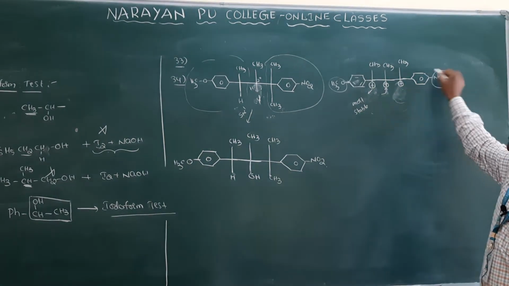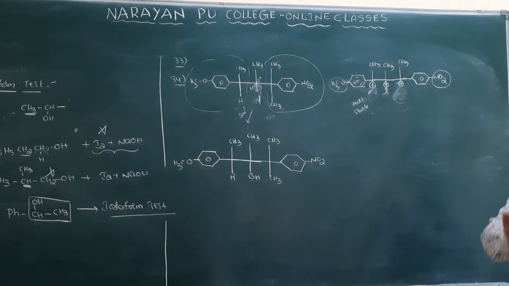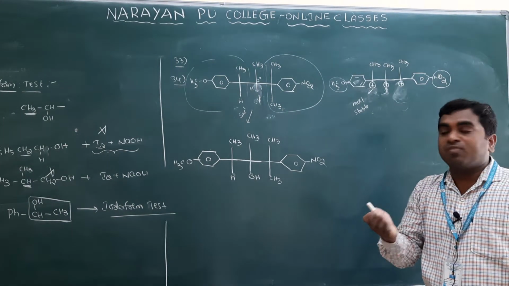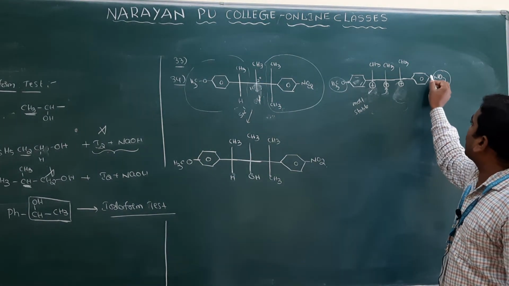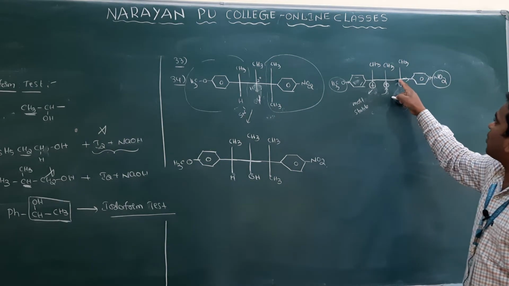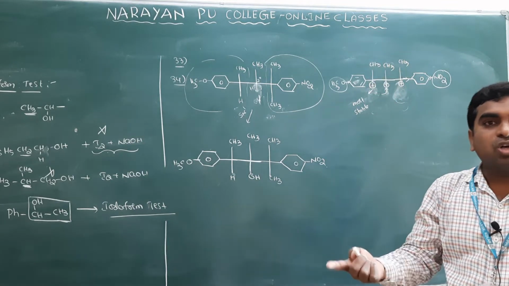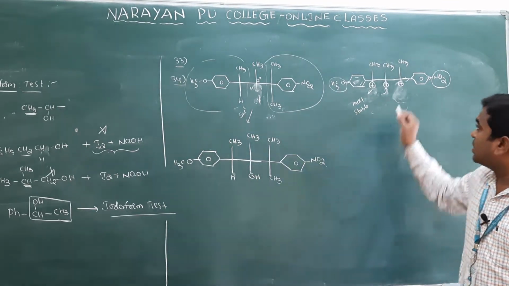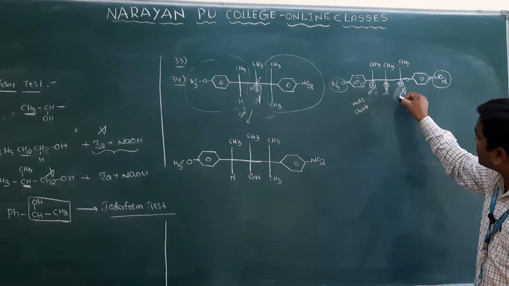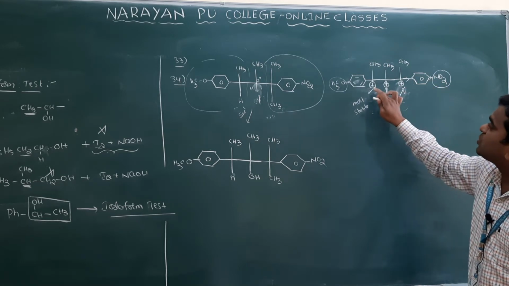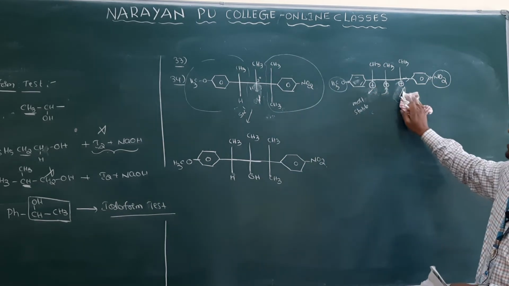Unstable. Why? Because here NO2 is there, and NO2 is an electron withdrawing group. Electron withdrawing group means it withdraws electrons from the benzene, and the benzene withdraws electrons from this carbon. The positive charge on this carbon increases. If charge increases, stability decreases. So this carbocation is unstable, so it won't form. Which one will form? This carbocation.